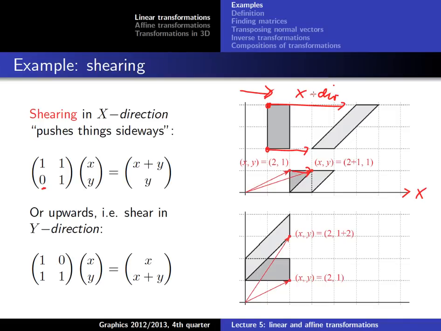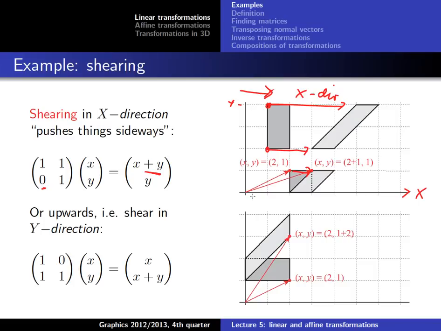And the amount by which we are shearing it depends on the y value, which means the higher up it is, the more we're pushing it. So we're taking this x value here and pushing it as far as we are high up here. That was a weird sentence. So you get the idea.